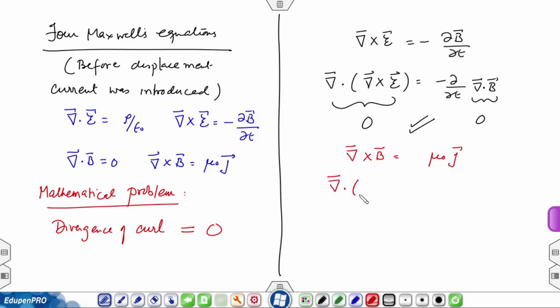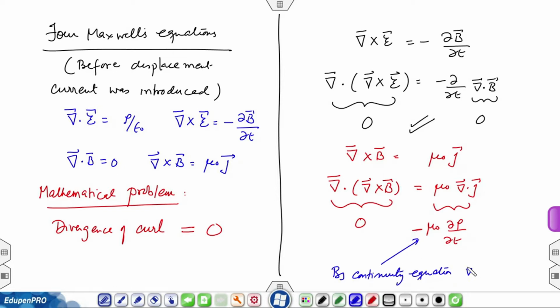So, divergence of curl of B is mu naught divergence of j, and this is identically 0. On the other hand, for time dependent systems, this will come out to be mu 0 d rho by dt with a minus sign. This is by the continuity equation: divergence of j plus d rho by dt is 0.